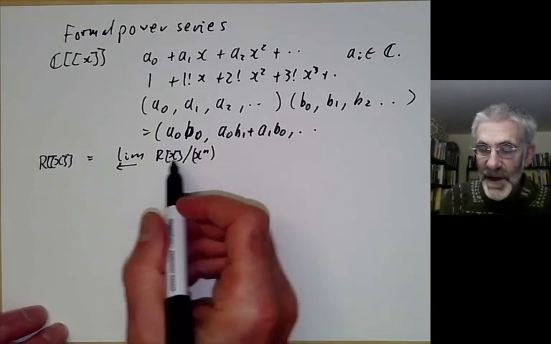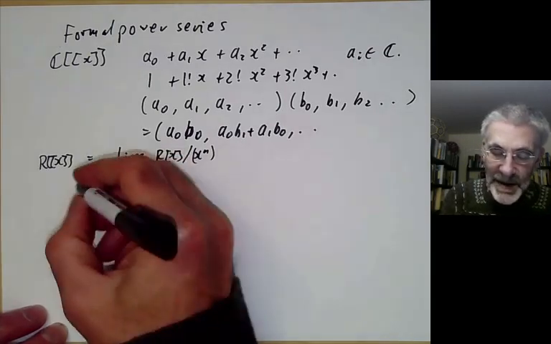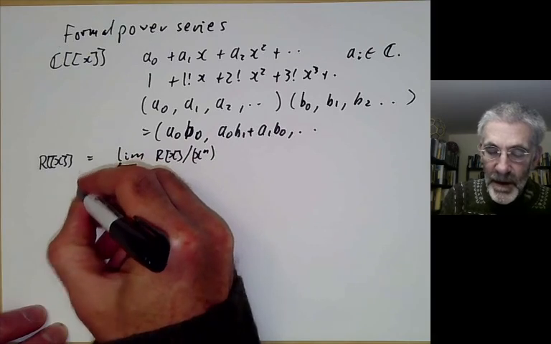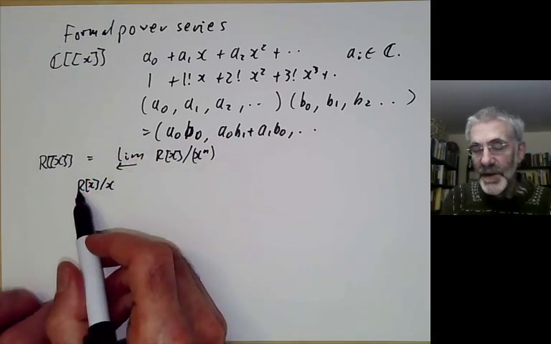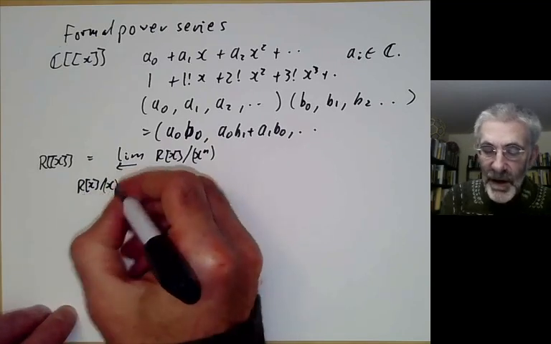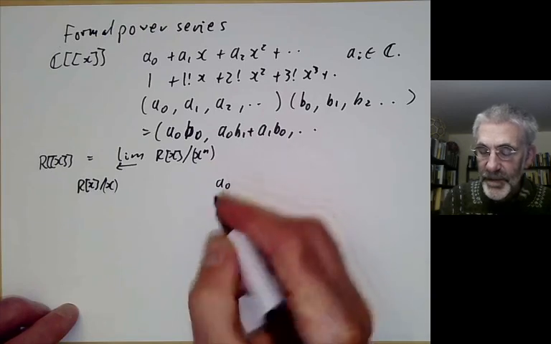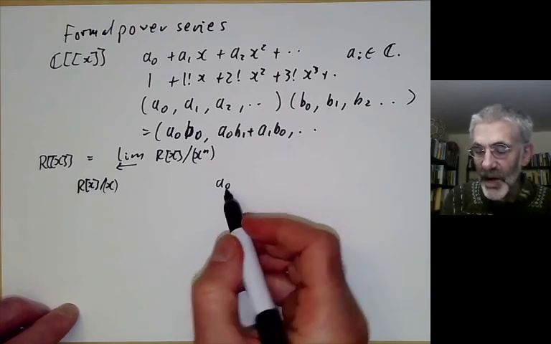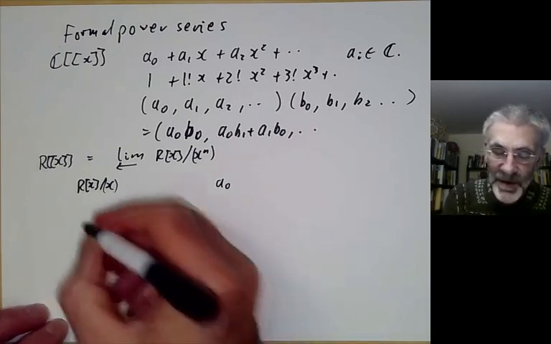So what this means is we take all these polynomial rings divided by x to the n. So the first one will be R[x] modulo x, which is rather a silly way of defining the ring R. And we can think of elements of this as being just elements a0 of R, or more precisely we should say a0 plus some unknown multiple of x.